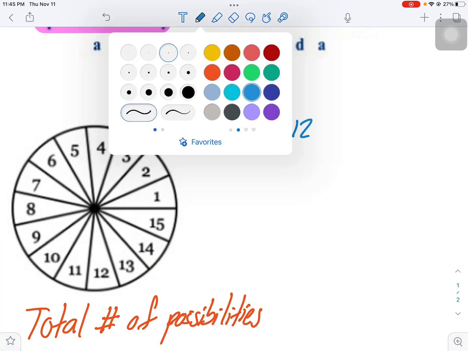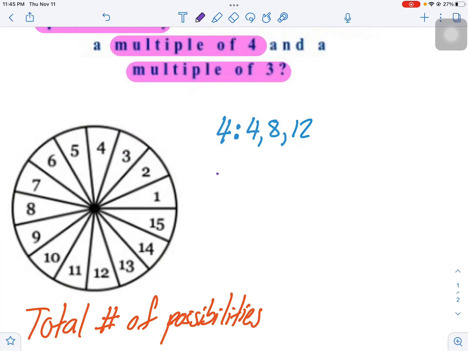Okay, let us now do our multiples of 3. Now remember, it's only numbers that we find on the spinner. So 3 times 1 is 3, 3 times 2 is 6, 3 times 3 is 9, 3 times 4 is 12, and 3 times 5 is 15.